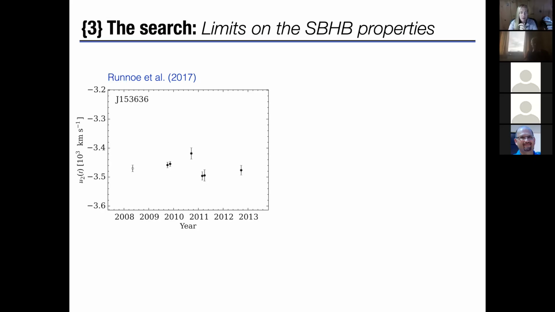So here is a radial velocity curve for one of the candidates. And I could fit it with a sinusoid, and I should certainly not do that because I have the same number of free parameters as I have data points. But what you can do instead is ask what the limit is on the period that this could have.